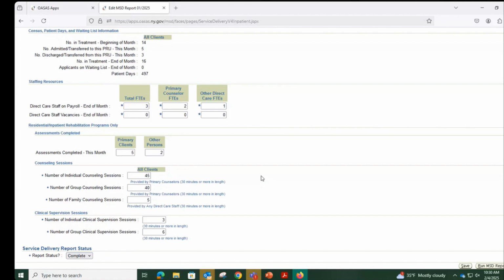So whatever groups you may be offering at your residence that are at least 30 minutes and offered by primary counselors that you documented in this section, you would just put that count in that box. If something's still unclear, just please pop the question into the chat box and I will try to address it.